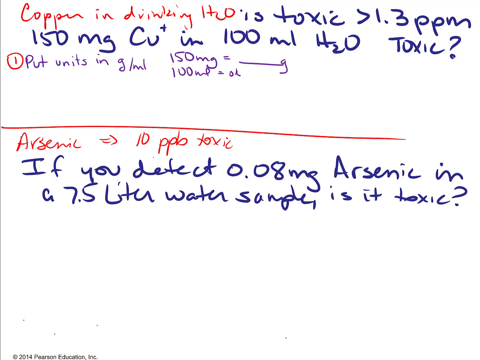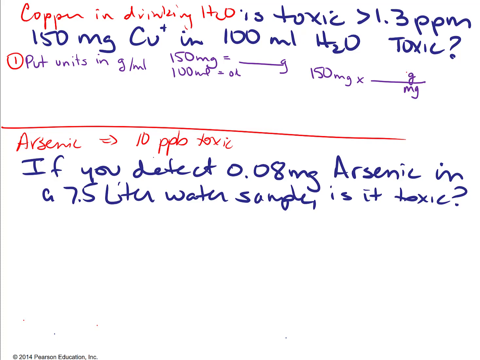To convert 150 milligrams to grams, it's just a single unit conversion. Remember that the unit you start with, you always put in the bottom. So milligrams will go on the bottom, so it'll cancel. The grams is what you want to go to, so that goes on top.